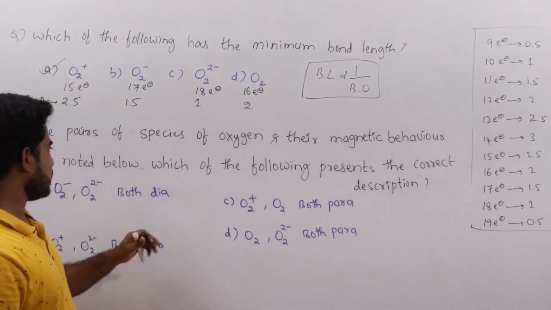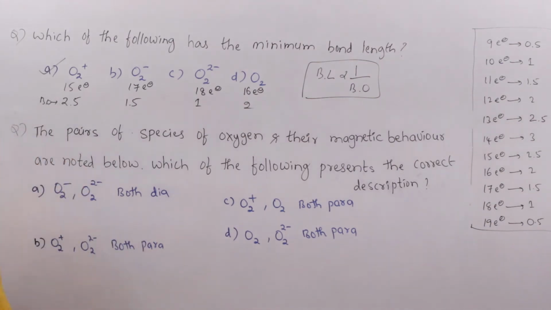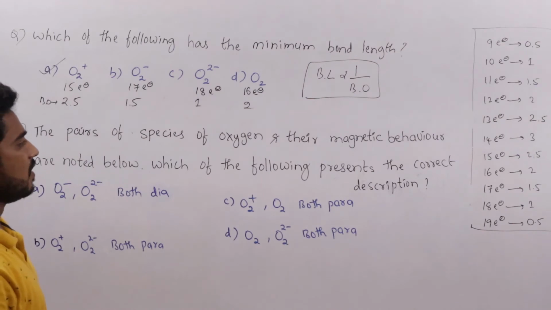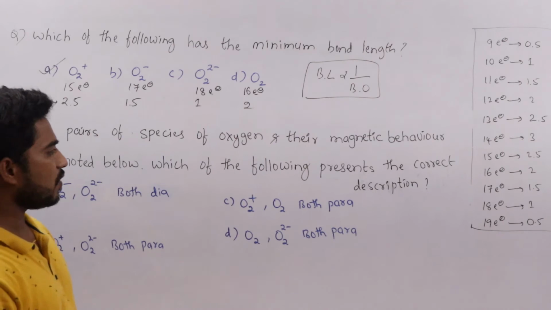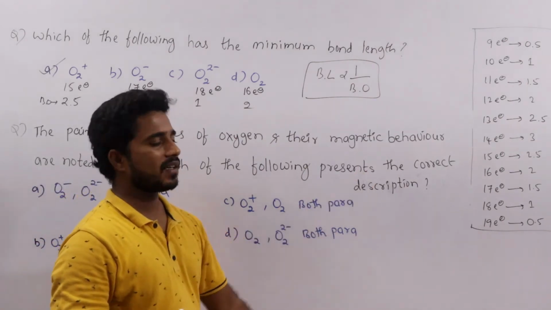Let us see the next question. The pairs of species of oxygen and their magnetic behavior are noted below. Which of the following presents the correct description?